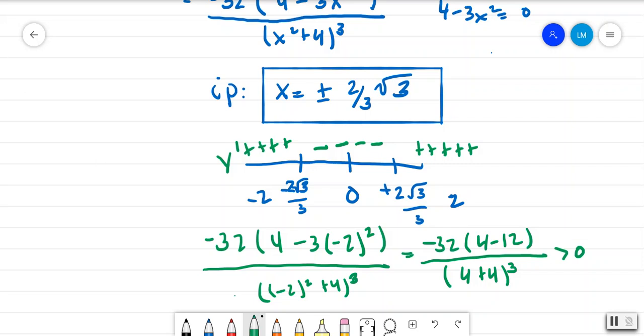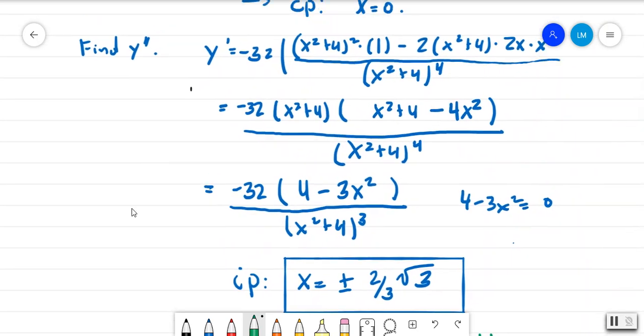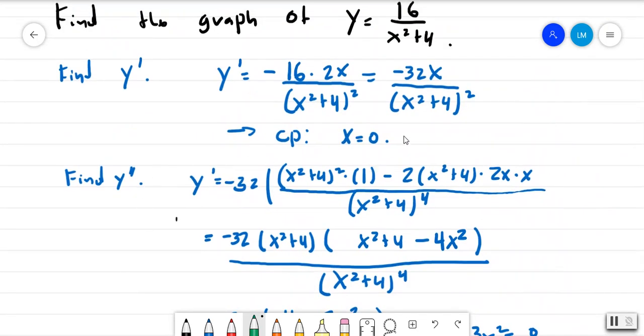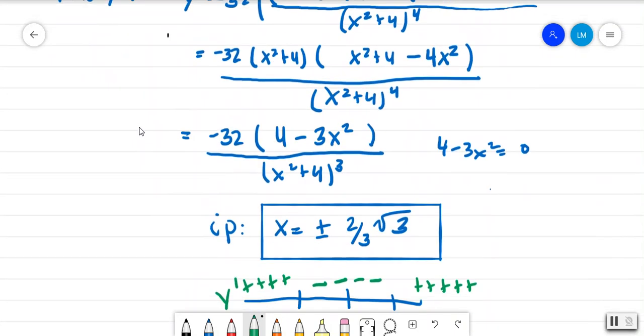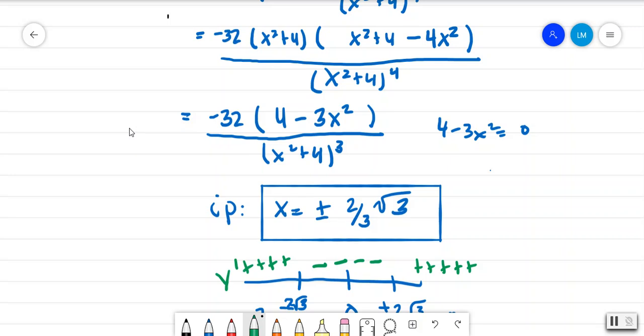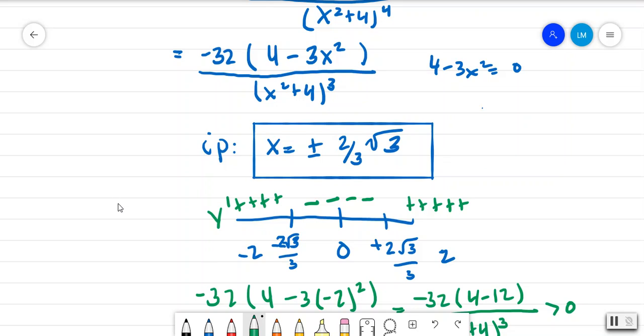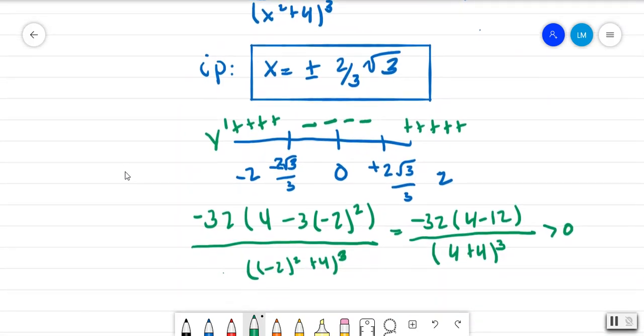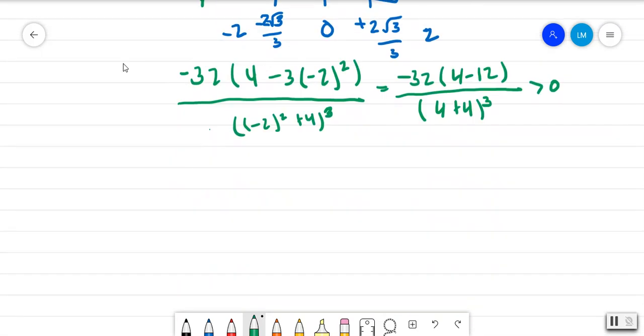So what this tells me, back over here, is that at 0 you get 4. So that means that 0 comma 4 is a maximum. We can plug in the remaining part, 2/3 root 3, as our inflection point into the equation.